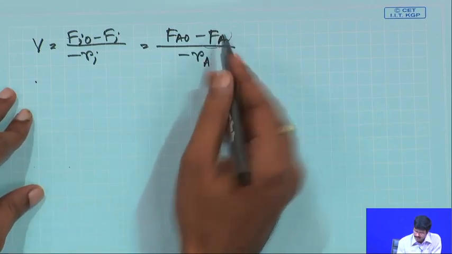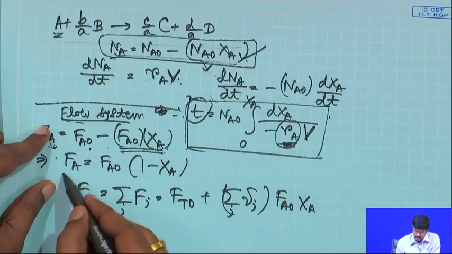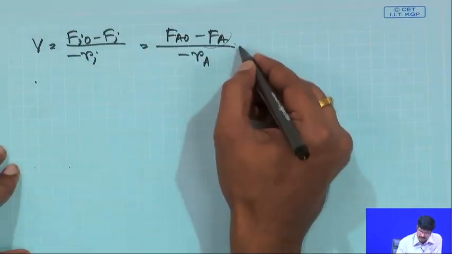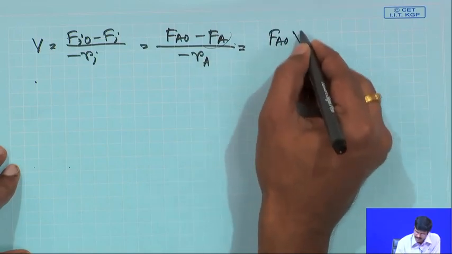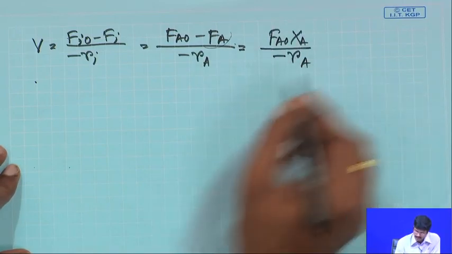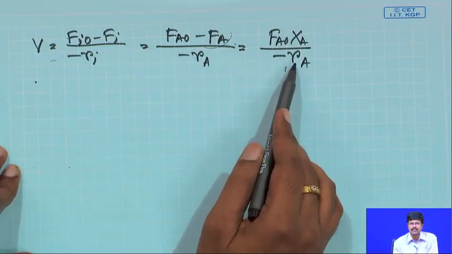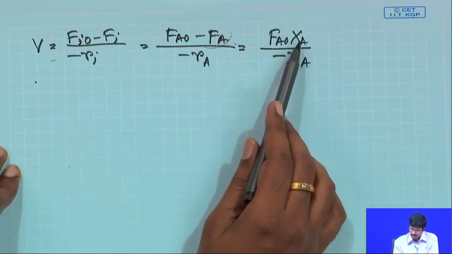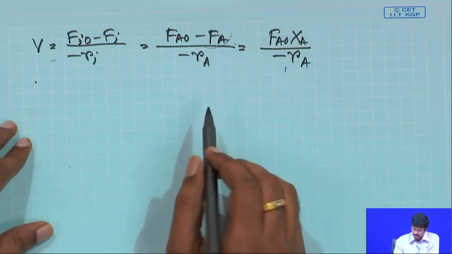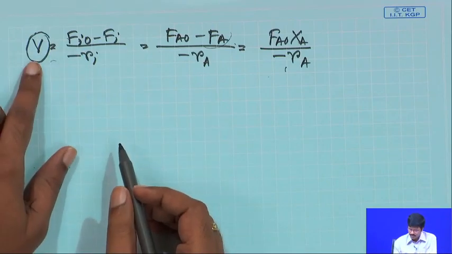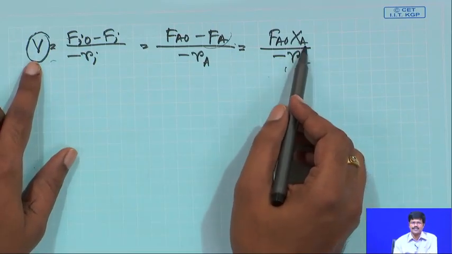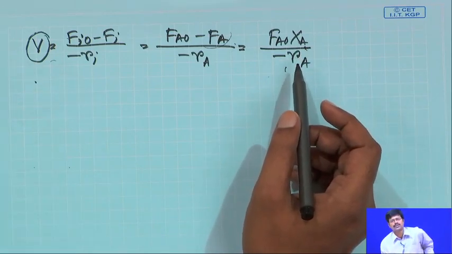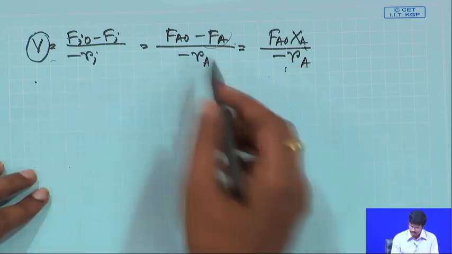So, if you replace FA with this particular expression, ultimately your V becomes equal to FA0 into xA divided by minus RA. This is the ideal CSTR design equation, steady state situation, in terms of your conversion. This volume is the CSTR volume required to achieve a conversion of xA. Again, to recall, CSTR is one of the kinds of flow reactors, the continuously stirred tank reactor.